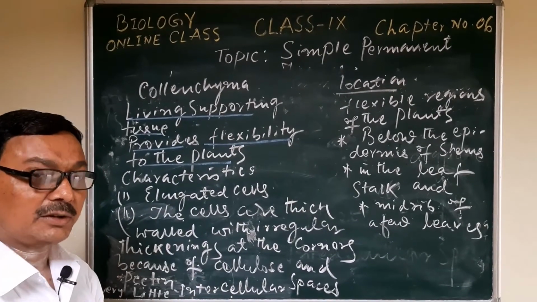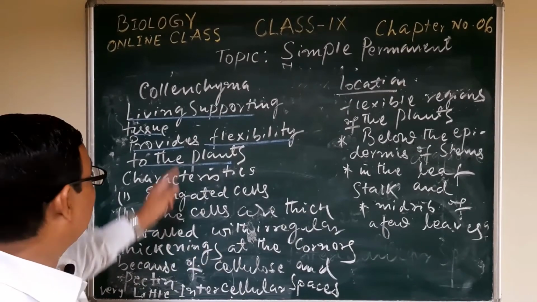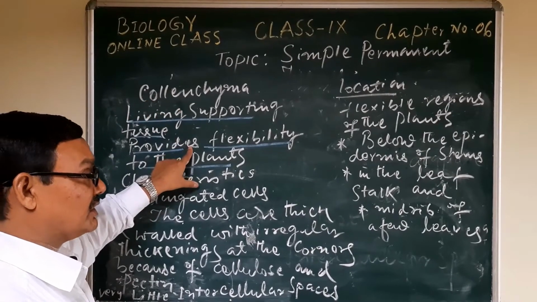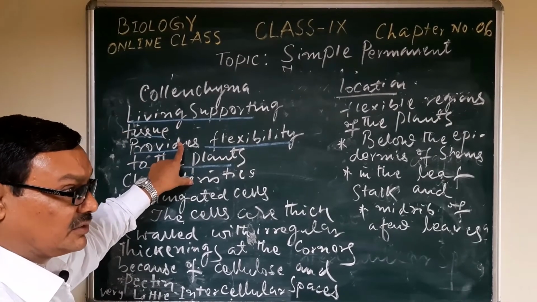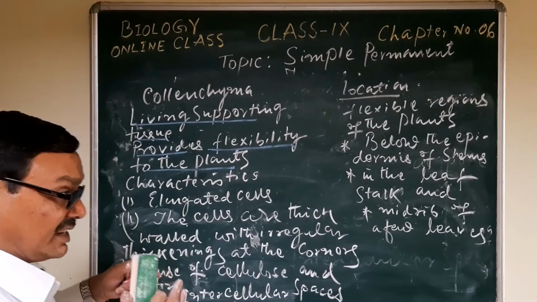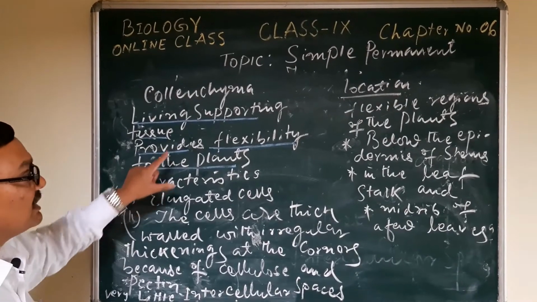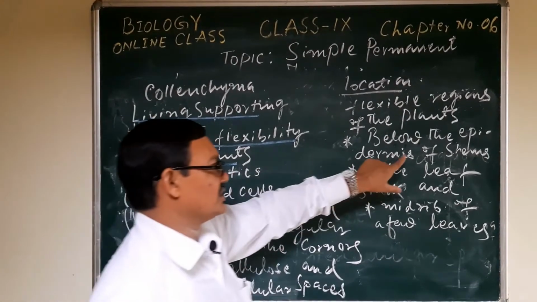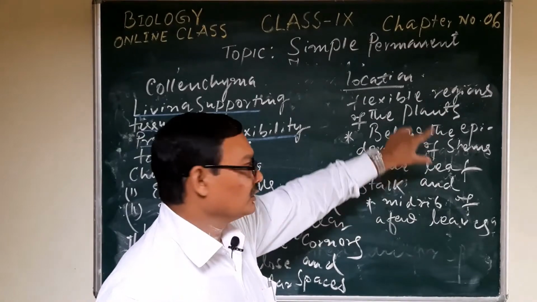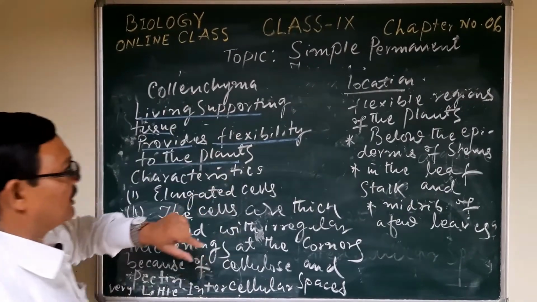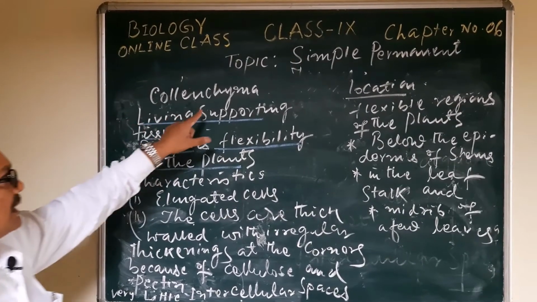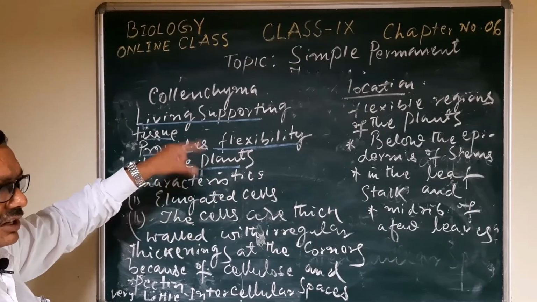They are fixed at a particular place, and they withstand with the help of Collenchyma, which provides such flexibility, so that even in a wind or any adverse environmental condition, their branches, their twigs, their important parts cannot be broken. So these are some facts due to the presence of Collenchyma. Both Parenchyma and Collenchyma are supporting in nature.